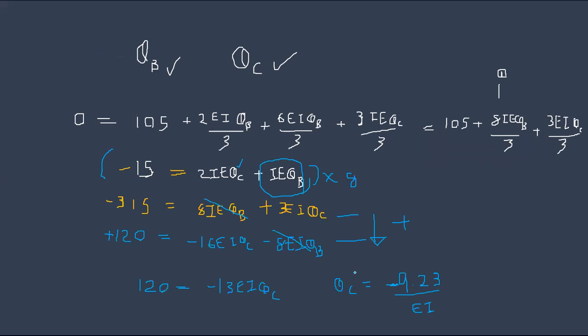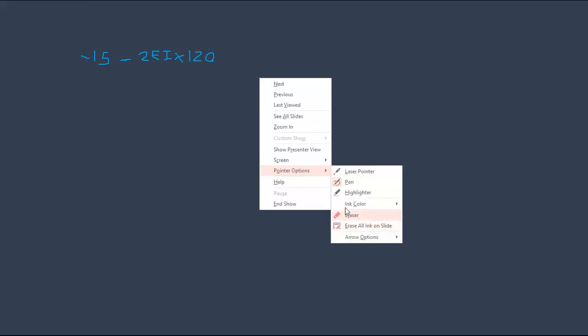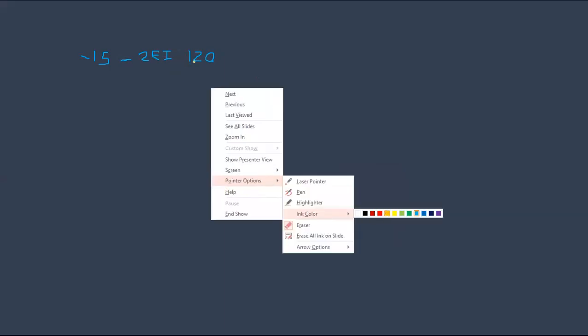Theta C is 112 over 13 EI. So that negative is going to be cancelled with this negative and make it positive, right? Doesn't matter, I will write that. Otherwise, it is confusing for the people who see this.